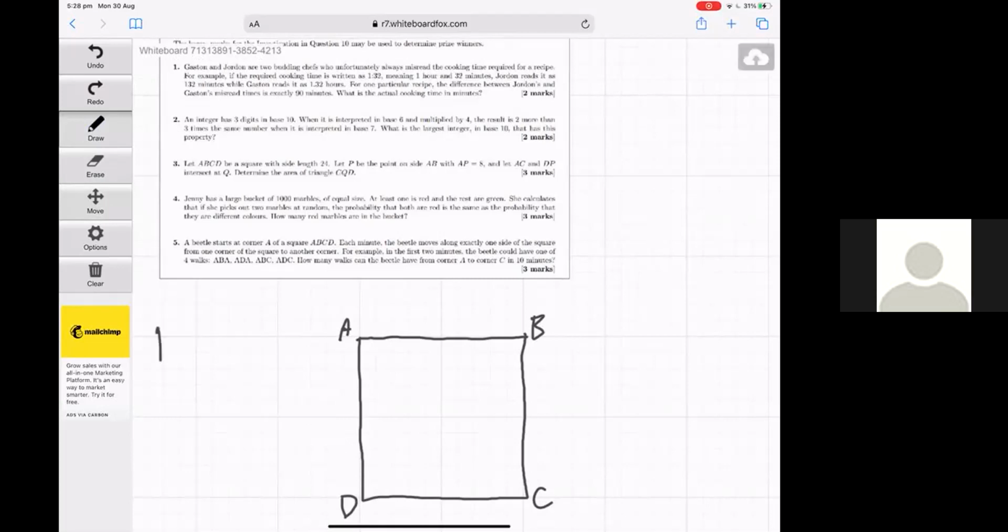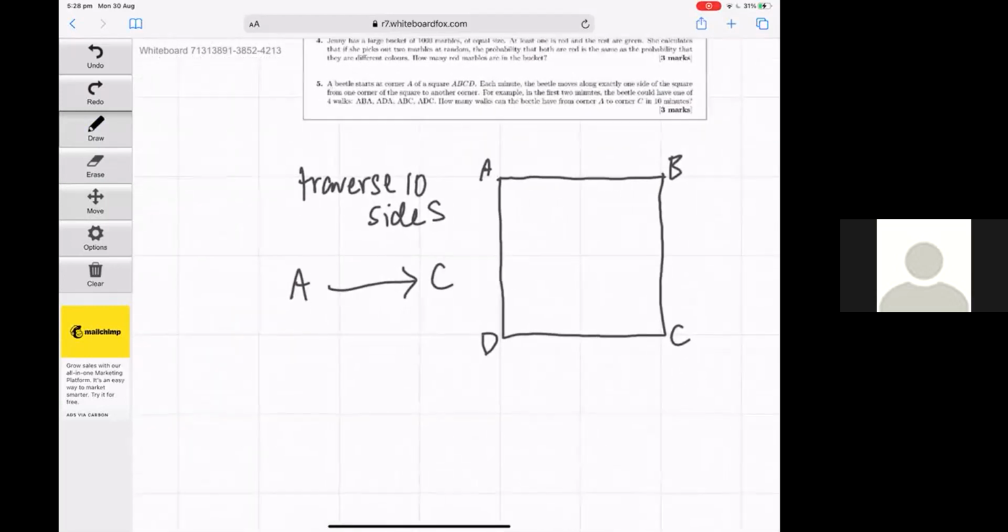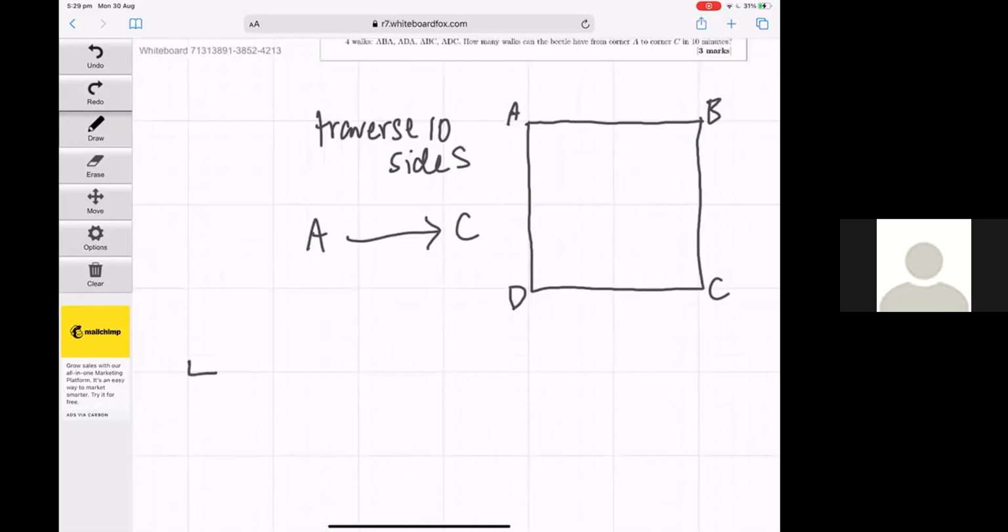So 10 minutes means we need to traverse 10 sides, and we need to start at A and end up at C. If we traverse 10 sides, there are going to be 11 locations starting with A, because going from one location to the next is one side traversed.